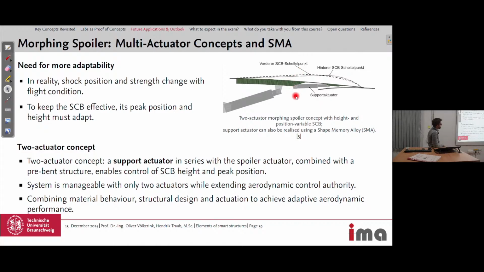Therefore there is a support actuator which influences the pre-bending of this surface, and you can move around the highest point of this shock control bump. So by combining the material behavior, structural design, and the actuation, you can generate a smart structure for increasing aerodynamic performance.